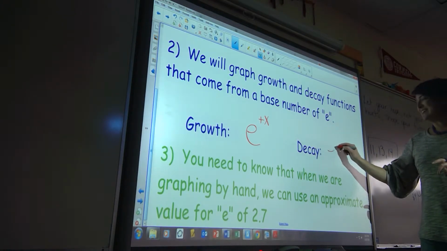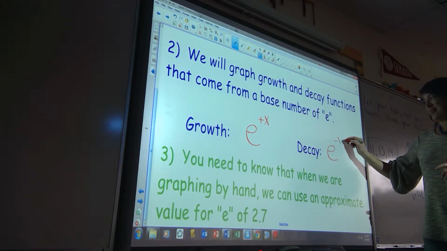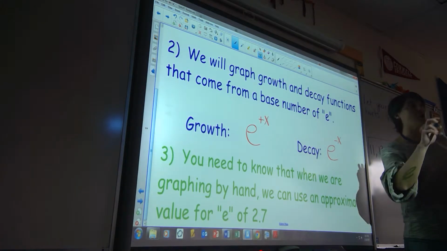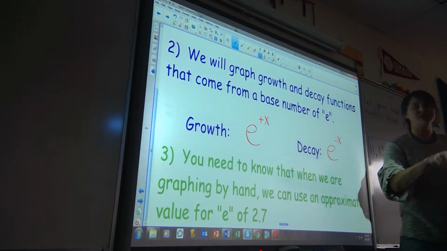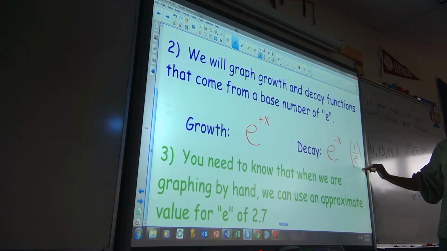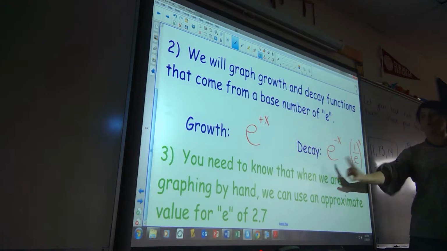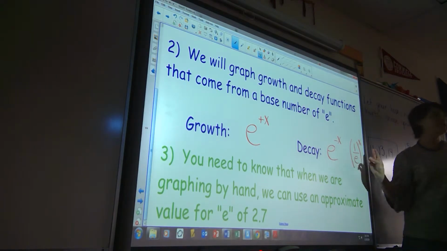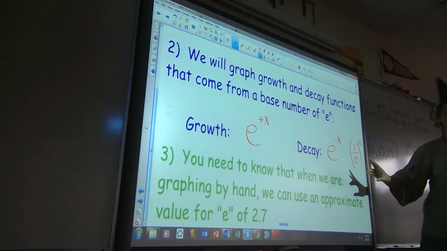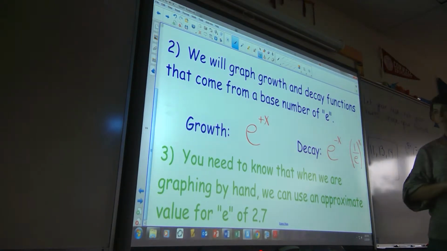This will be E to the negative X. So this is that whole X flip turns a growth into decay situation. You're not going to see it like this, even though that's equivalent to that. Okay, these two things are equivalent. You're just never going to see it as 1/E. You're going to see it with a negative exponent.